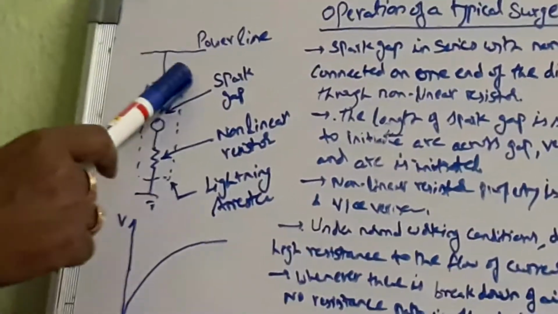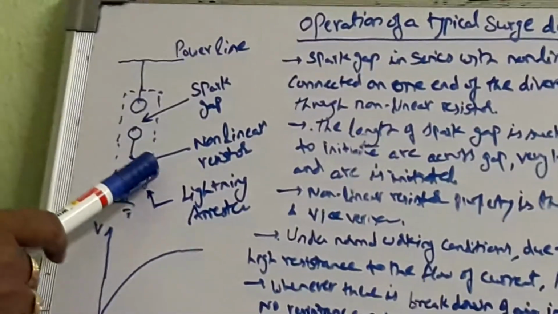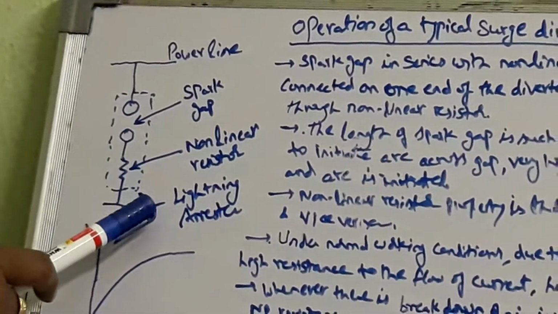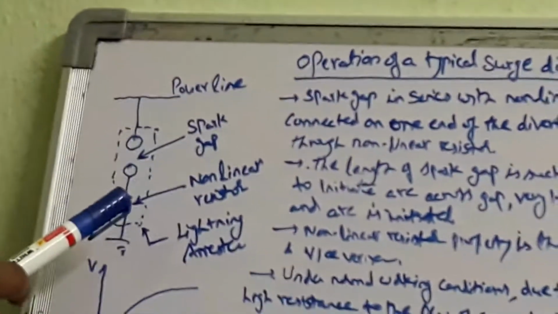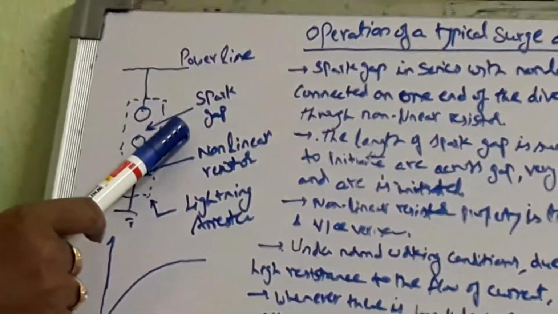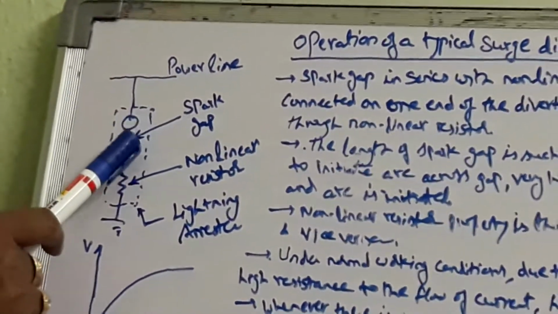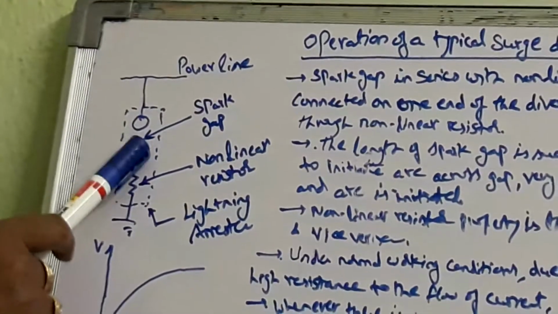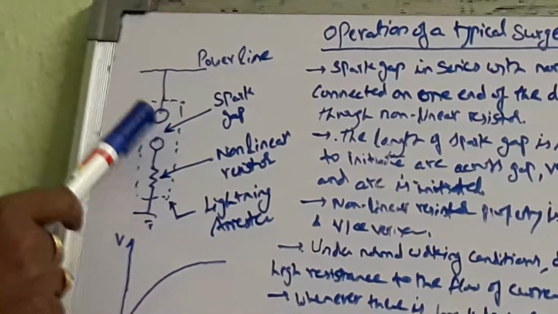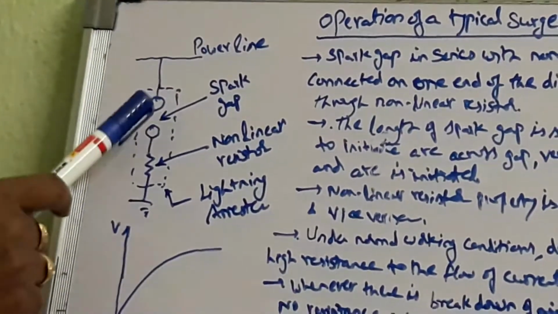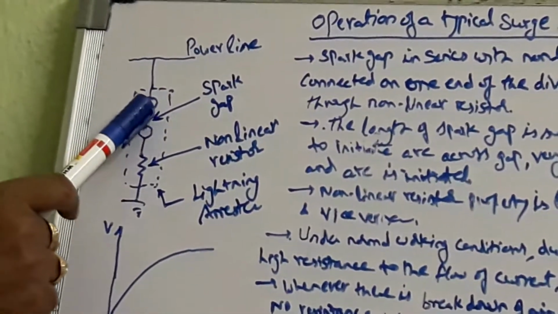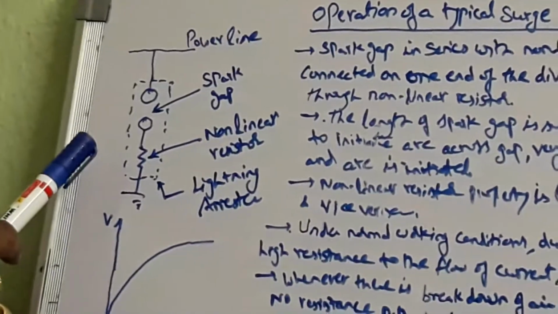Now this particular combination of spark gap connected in series with the non-linear resistor, we call the lightning arrestor. The characteristic of the lightning arrestor is that the distance of the spark gap is designed such that under normal working conditions it will not initiate an arc in this small distance of spark gap.